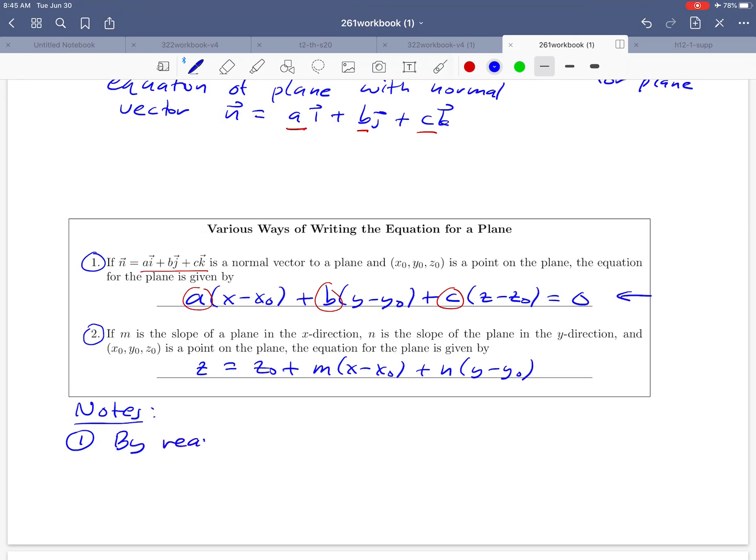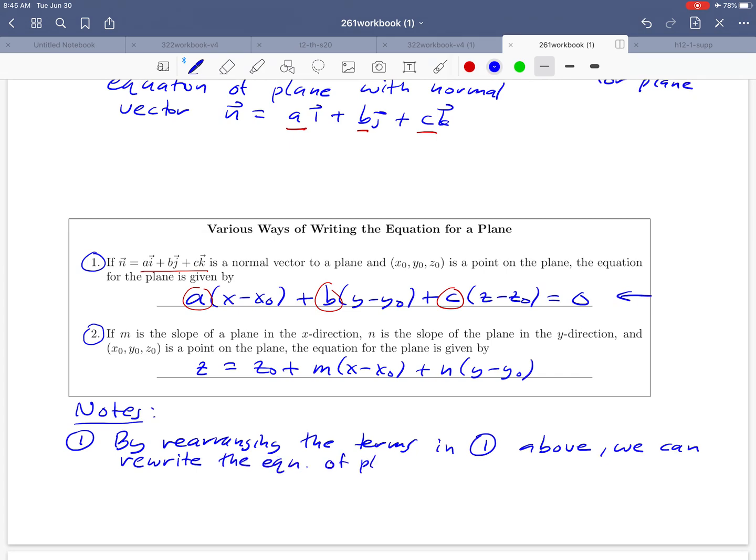So we'll say it this way: by rearranging the terms in the first formula above, we can rewrite the equation of the plane in standard form, which looks like ax plus by plus cz equals d.